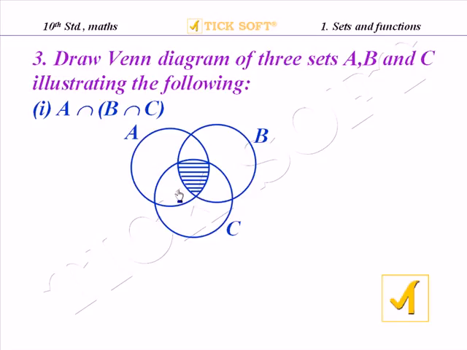Then A intersection B intersection C means you have to consider the common parts for A and B intersection C. Only this one will be the common part. So B intersection C, all you have to take, and then you have to find intersection with A. So only you will be having this part.